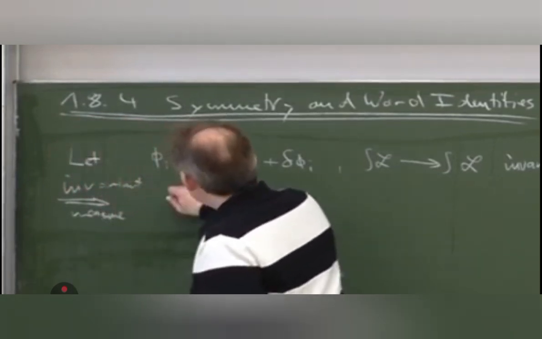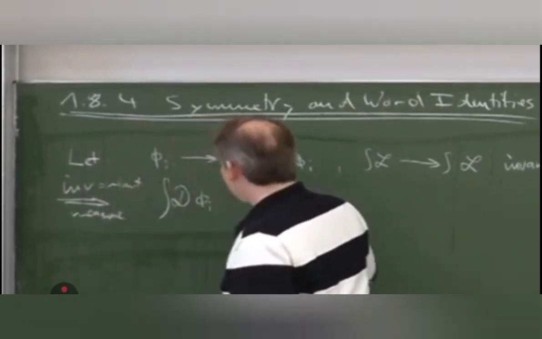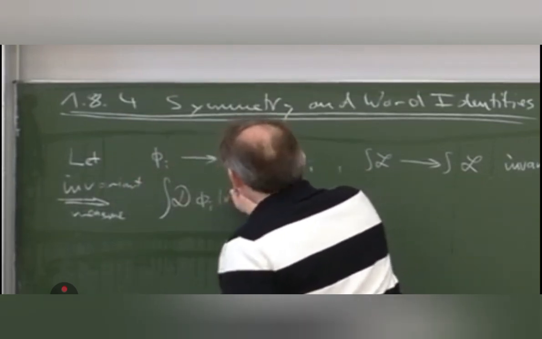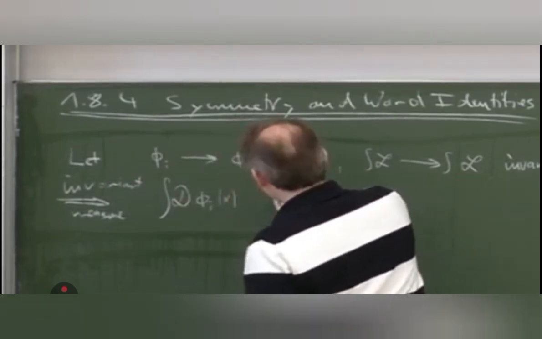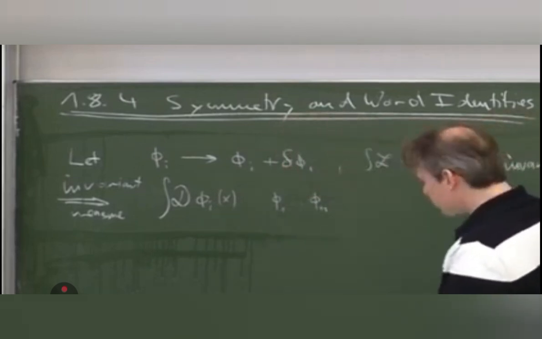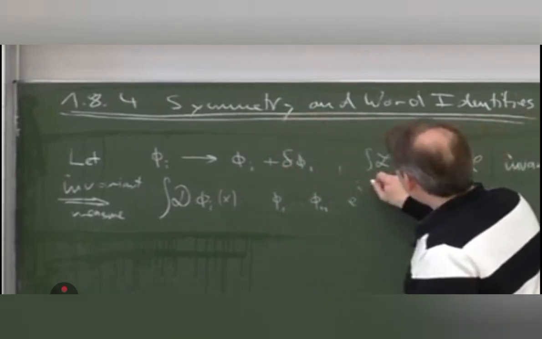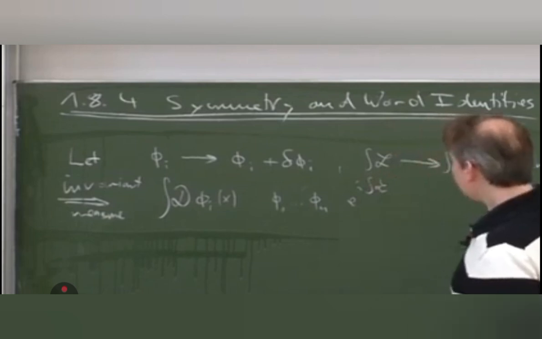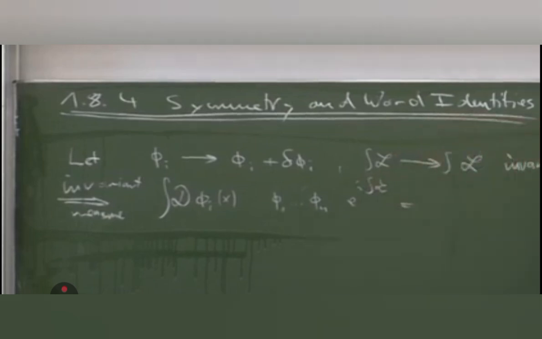So we have here a path integral over the field variables of our theory, and let us again look at some Green function phi_1 up to phi_n times e to the i times the action. Then we do a variable transformation and use that the measure is invariant.